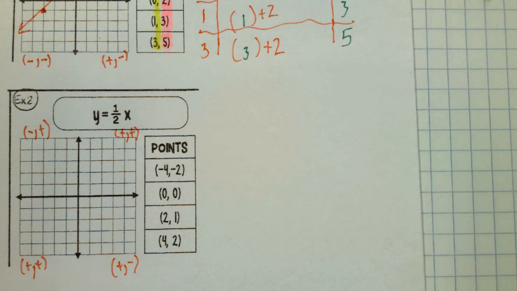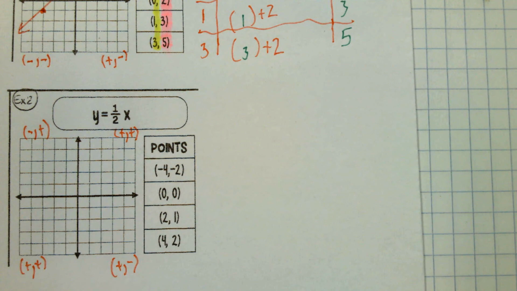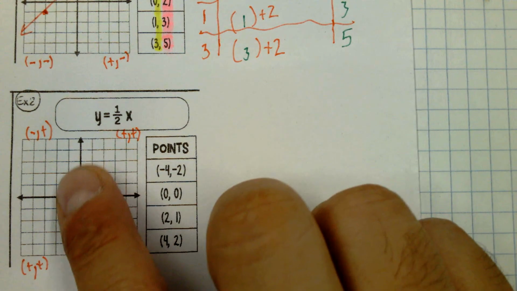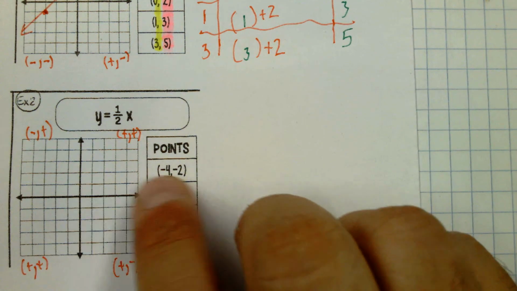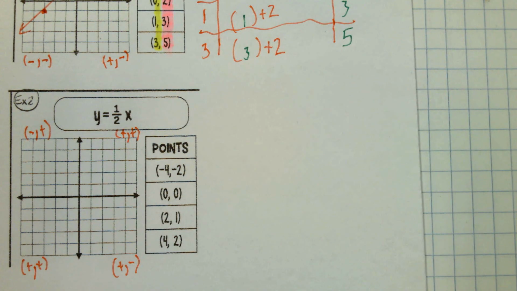If this helps you with knowing where to graph, my first point is negative, negative. It's going to be down here somewhere. Our next point, 0, 0. It's going to be right in the middle at that origin. And then the last 2 should be up here, positive, positive. So practice graph.